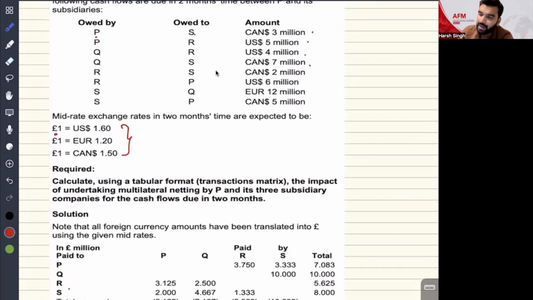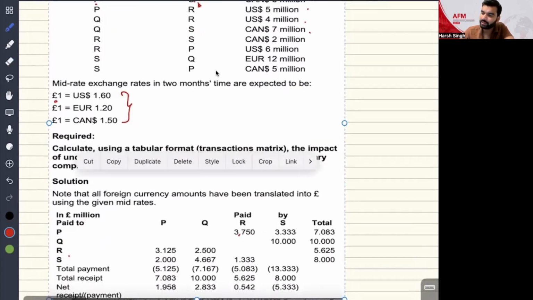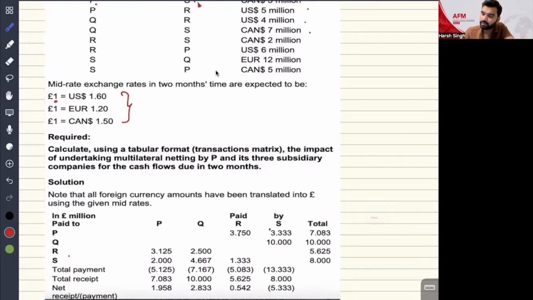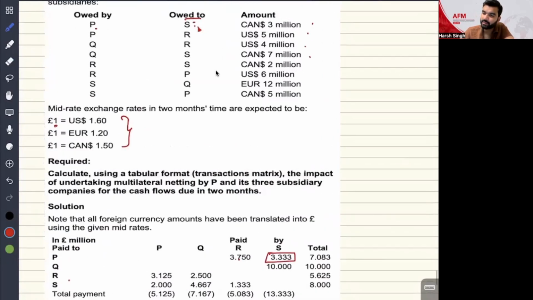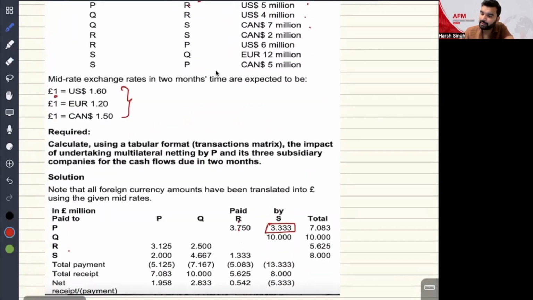So payment to S by P, this is the amount, 3.33. Second amount, payment to R by P, this amount. That is why they are on the top.